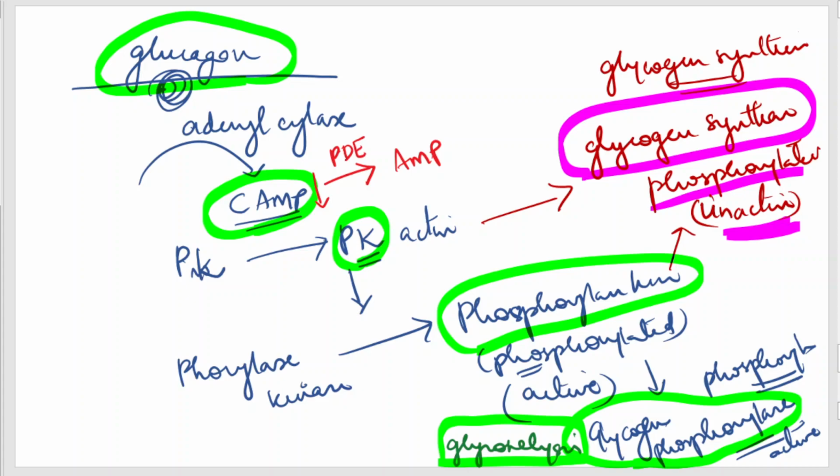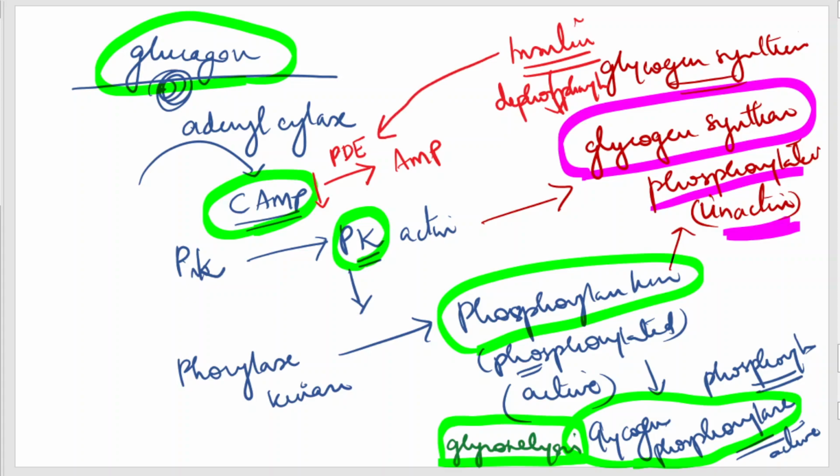So the phosphorylation of glycogen synthase also will not happen. Dephosphorylation of glycogen synthase can be brought about by which hormone? Insulin. So insulin can bring about dephosphorylation, and dephosphorylation of the glycogen synthase enzyme activates it so glycogen synthesis can occur. Insulin activates the phosphodiesterase enzyme also.